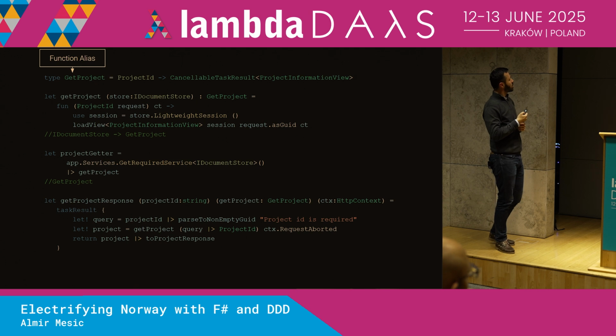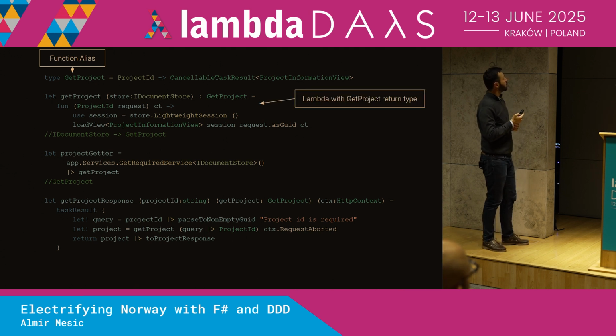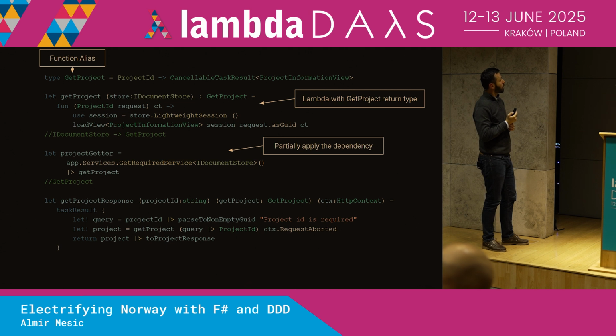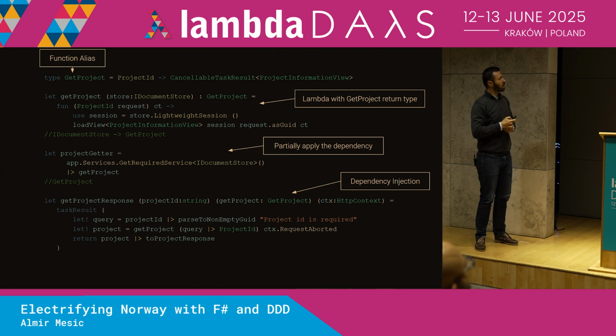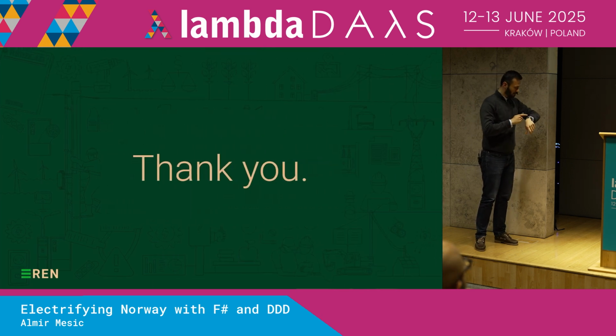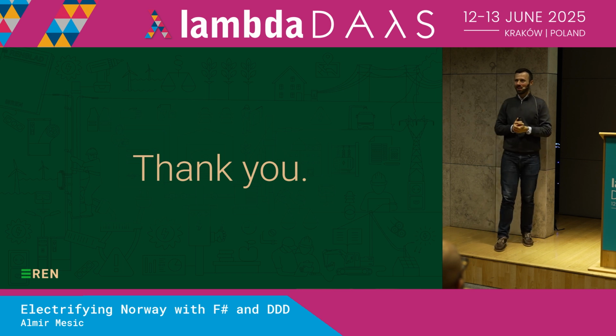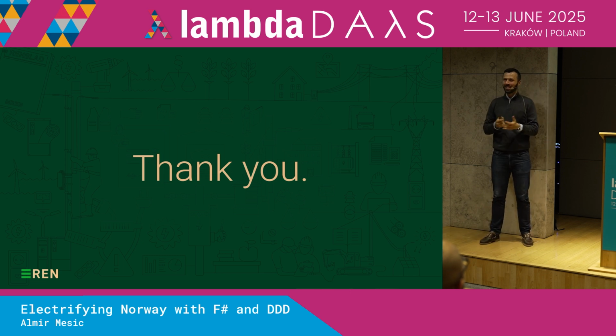So to summarize: function alias, lambda with the get project return type. We partially apply the dependency, and then we inject the dependency in our function. Okay, that went a little bit faster than I imagined, but are there any questions?